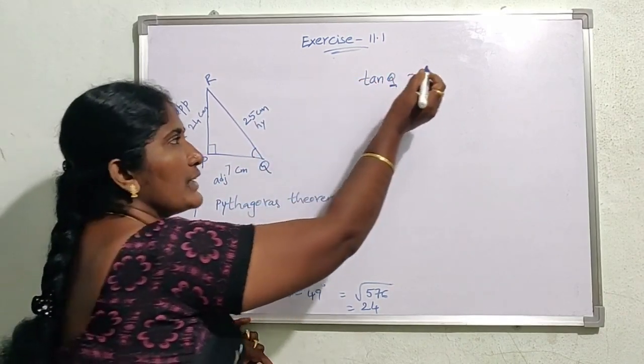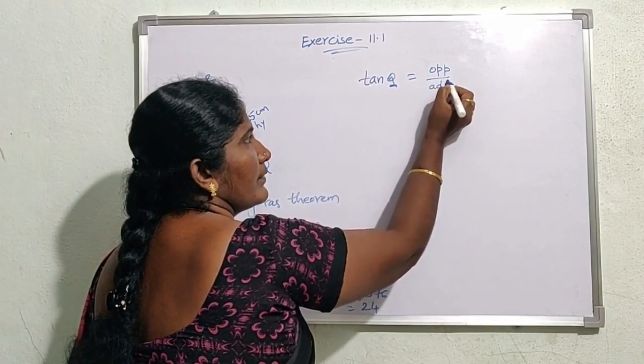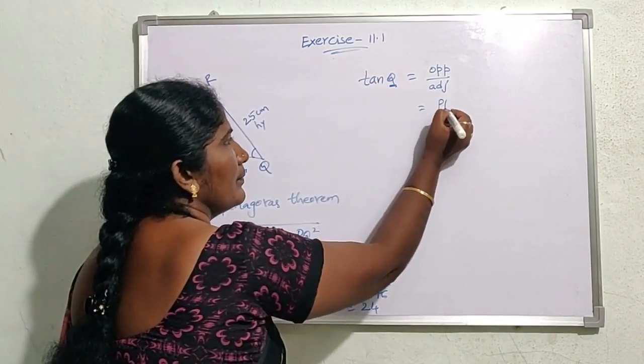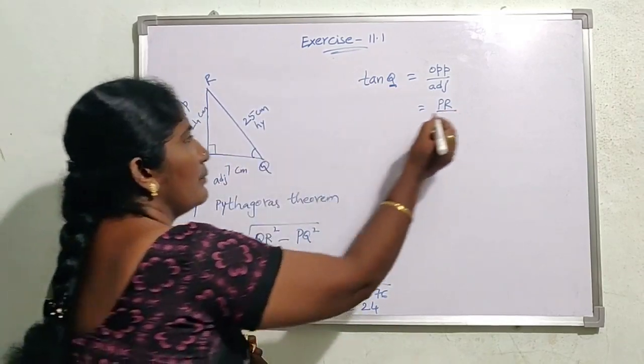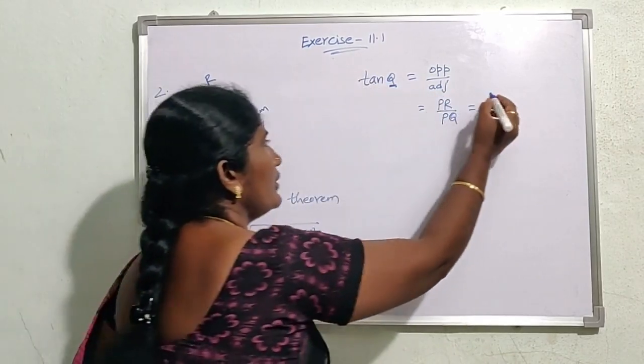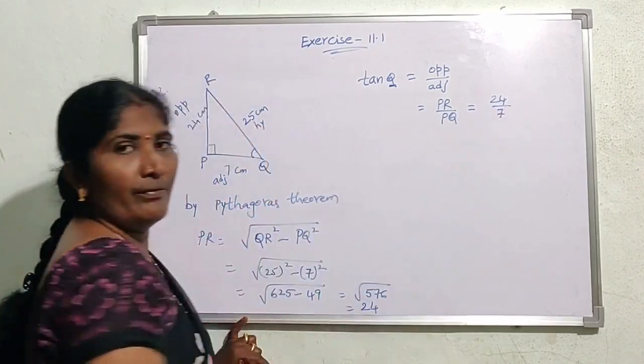Tan, what is the formula for tan? Opposite side by adjacent side. What is opposite side here? PR by adjacent side PQ. Substitute the values. PR is 24 by PQ is 7.